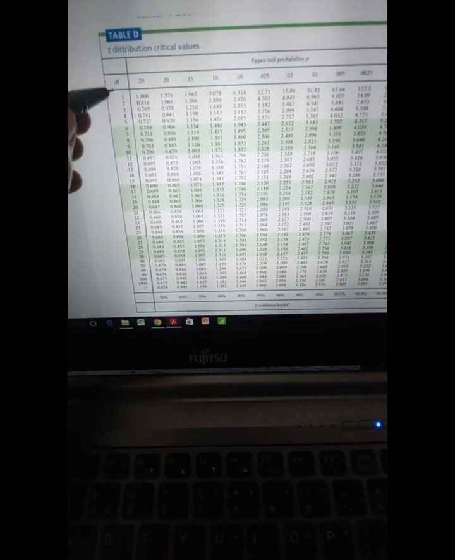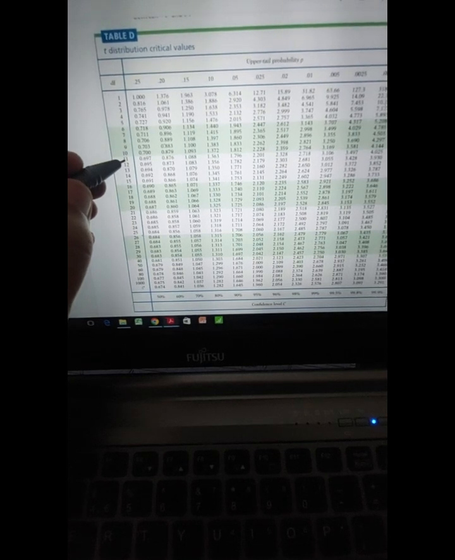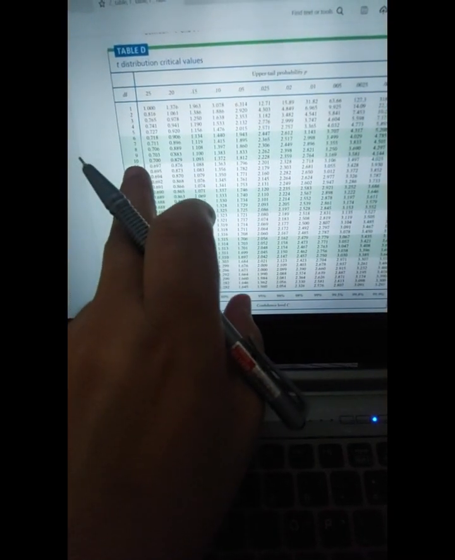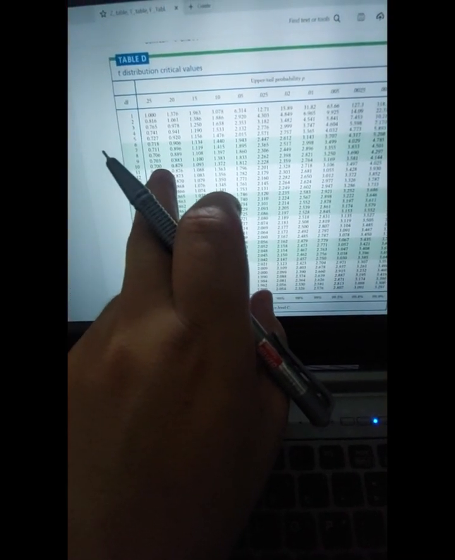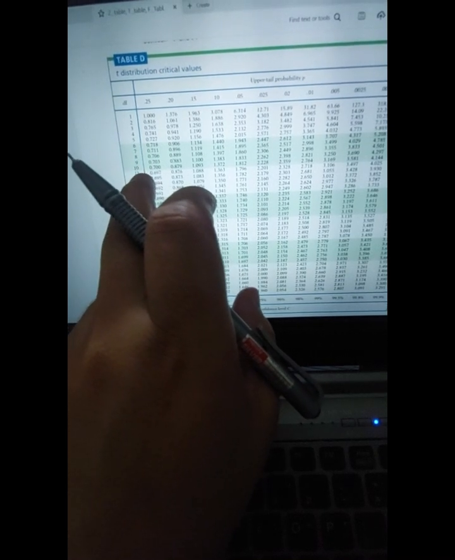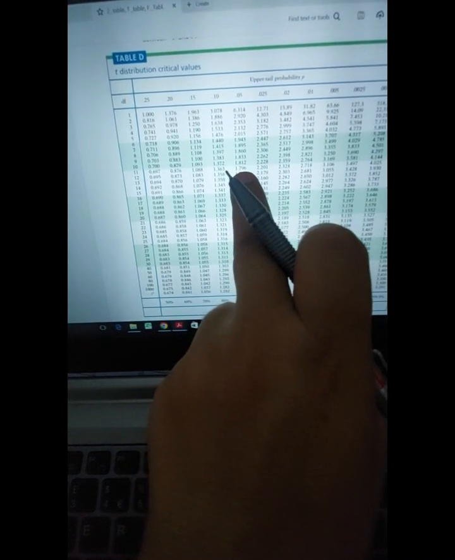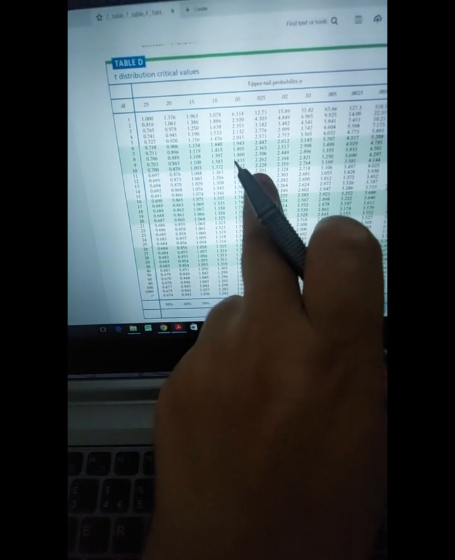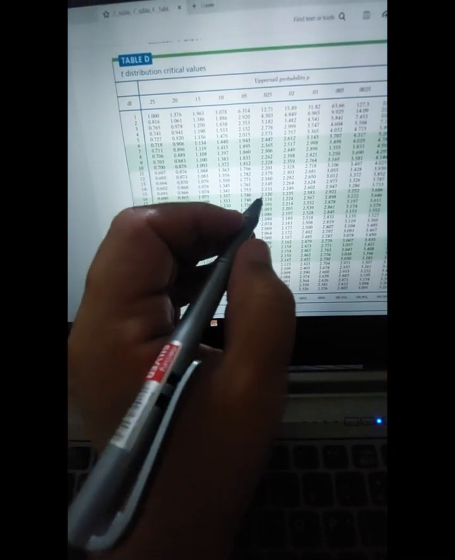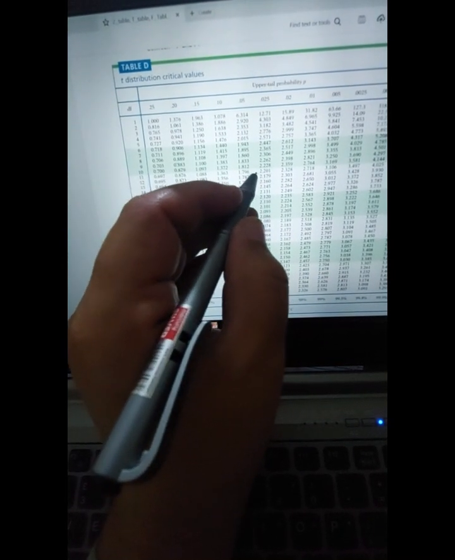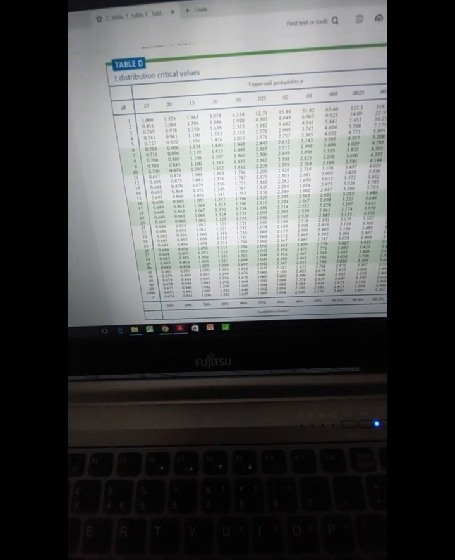The degree of freedom is 11 because we have 12 samples, so n minus 1 gives us 11. With a significance level of 0.025, it will give us a value of 2.201. This is 0.025 and 11, it is 2.201.